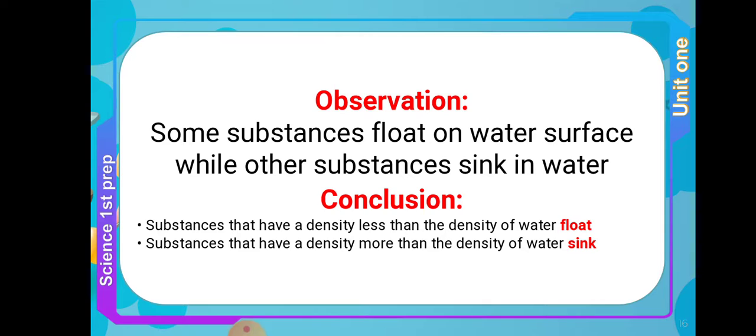So substances that have a density higher than 1 gram per cubic centimeter will sink in water, but substances that have a density less than 1 gram per cubic centimeter will float over the surface of water.